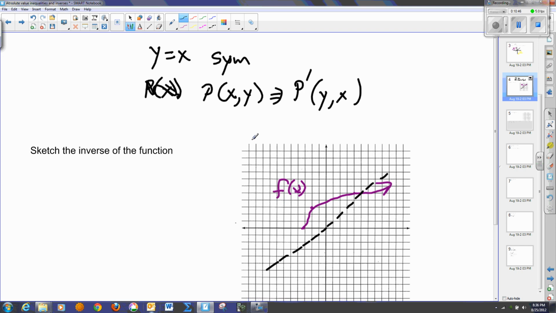So basically, if I want to graph the inverse of this function, I figure out the x and y values and switch them, and that should be my reflected point.